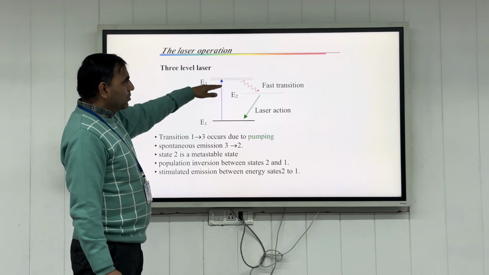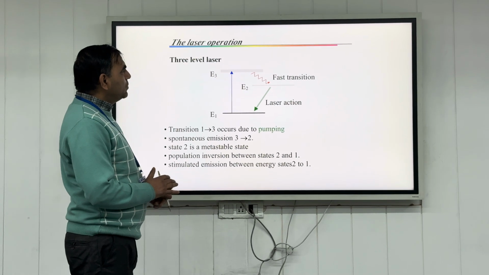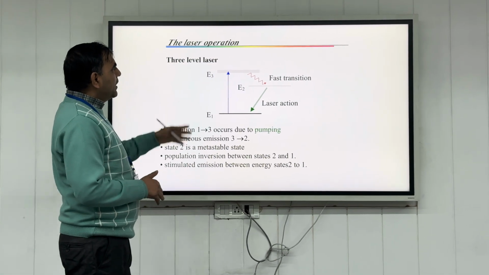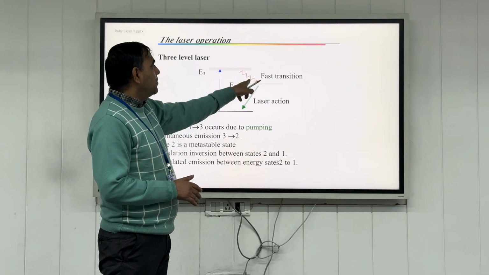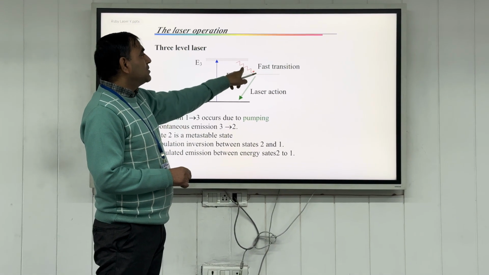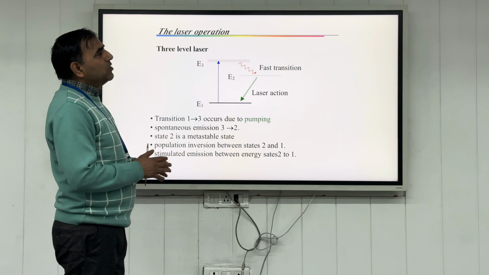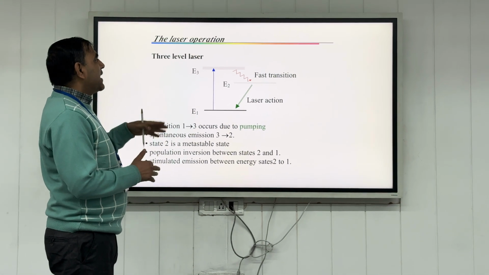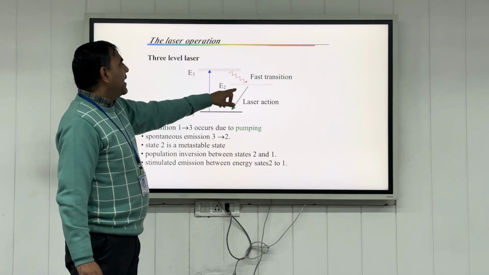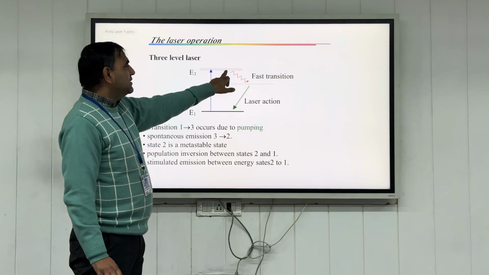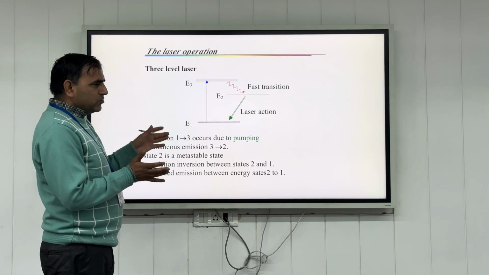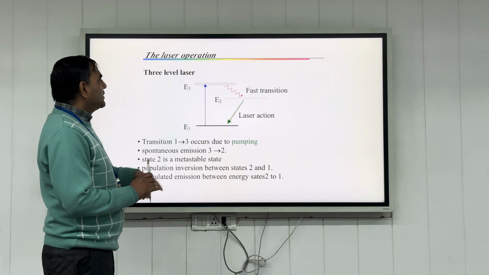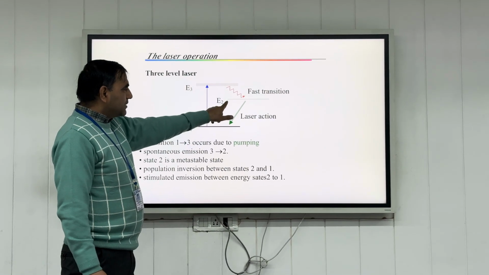When the electrons, atoms or molecules are in the high energy state, they come back by a first transition. There is no laser action in this state, and the time period of this state is 10 raised to power minus 6 to 7 seconds. That is very little time as compared to the metastable state.